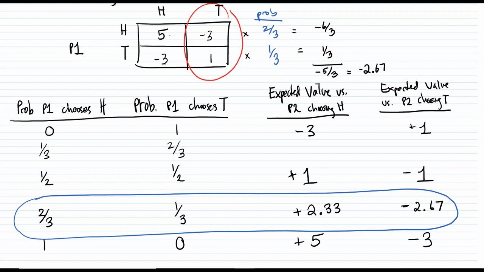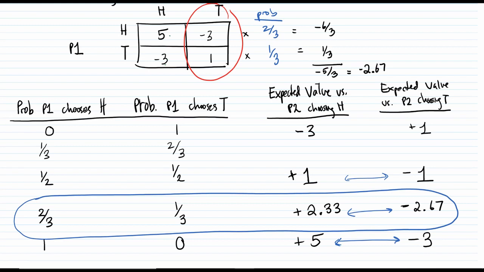So you see, this is slightly hedging my bets between this wild swing of 5 and -3, depending on what player 2 chooses. There's a slightly narrower gap between these two expected values. And over here, there's an even narrower gap, right? And so as I decrease the probability that I choose heads, it looks like I'm having a smaller gap between how well my strategy performs against heads versus performing against tails.